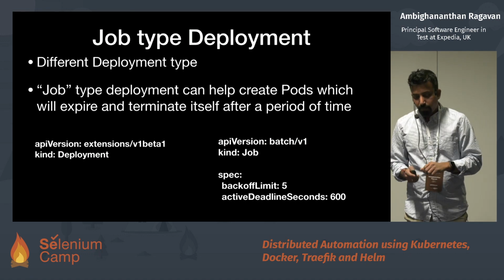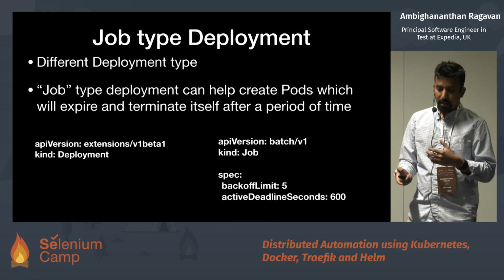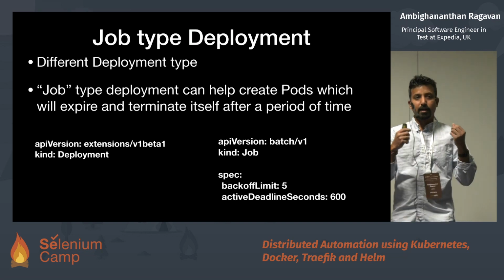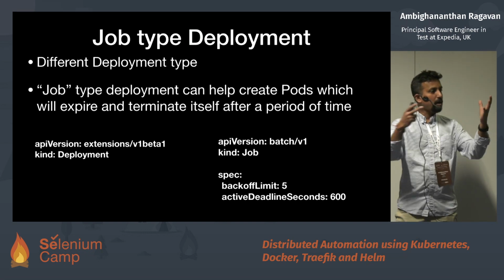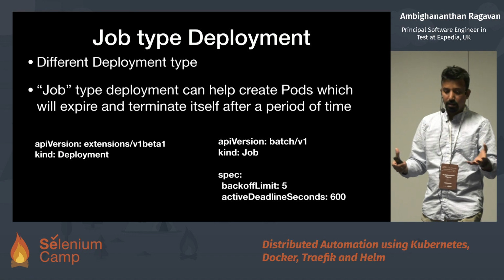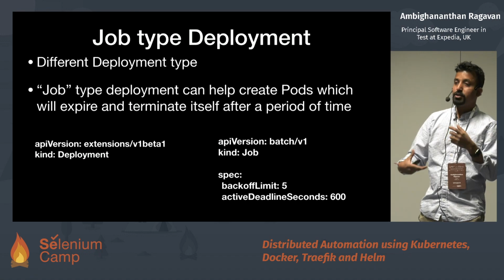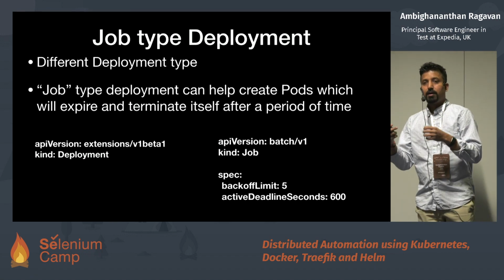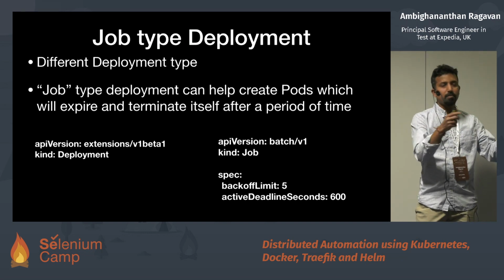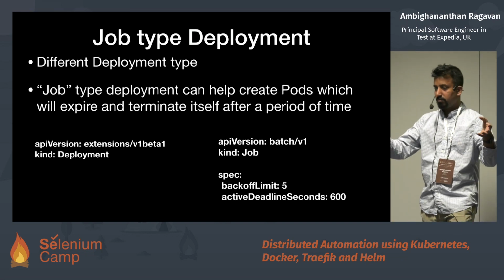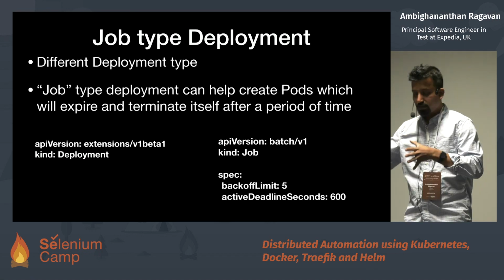And job type is another thing I learned, that Kubernetes has different ways to deploy your application and the pods and everything. And one of the types is job. Imagine you know that your automation takes only like 5 minutes or 3 minutes. It's very consistent.